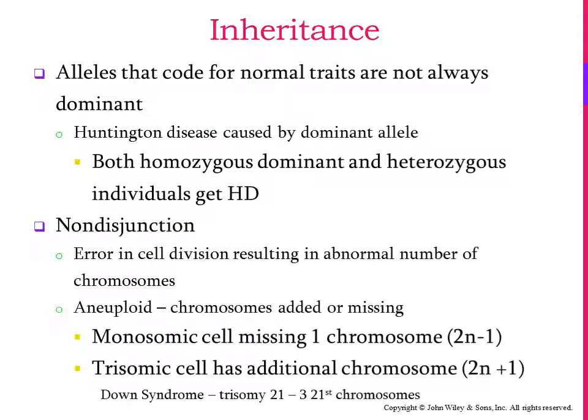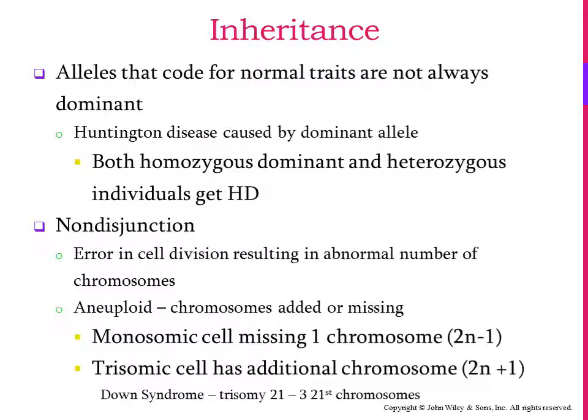So alleles that code for some traits might come in 3 different forms, or the dominant may be the disease, as we just saw. Also, there may not be a dominant versus a recessive. They may be equally expressed, or there may be an intermediate phenotype in the heterozygous individual.